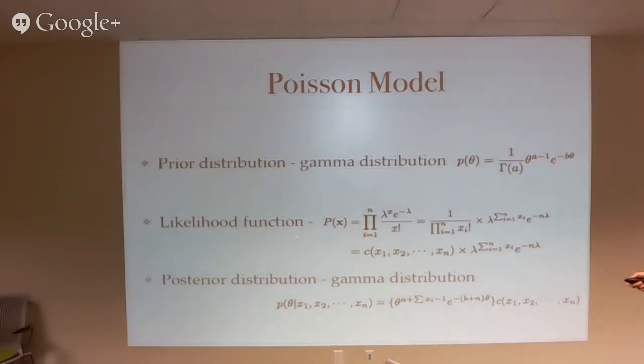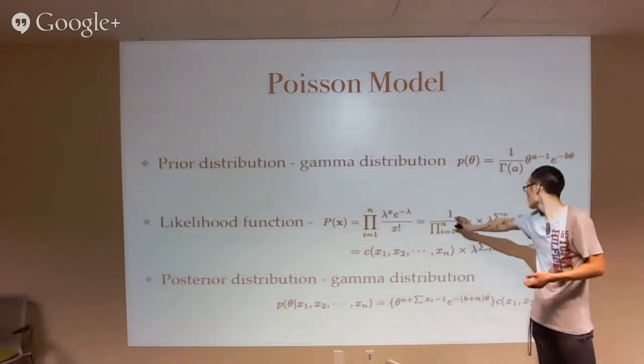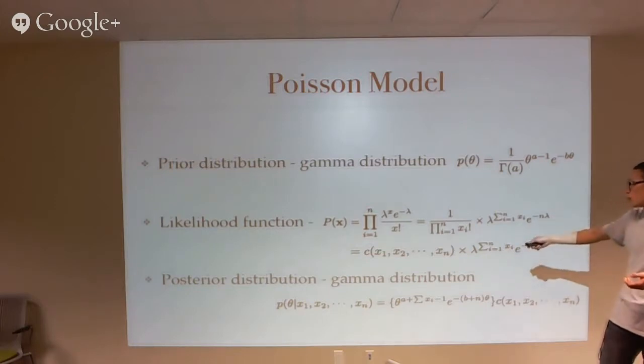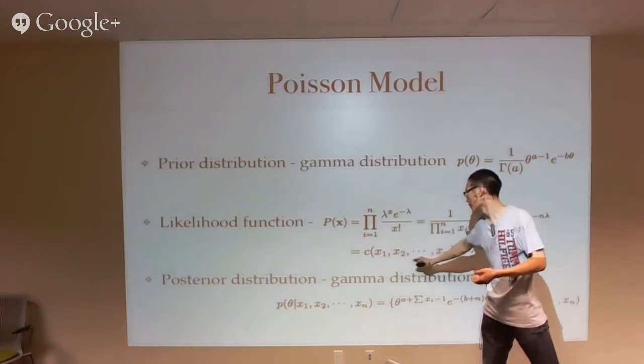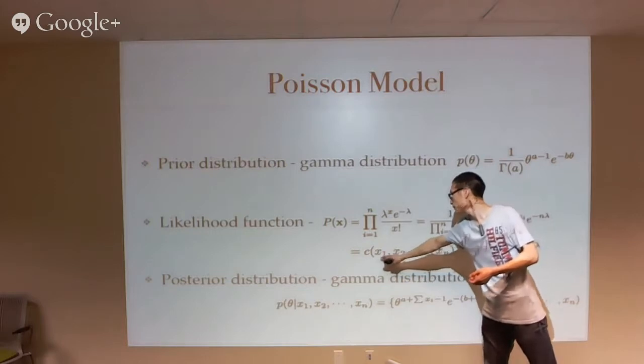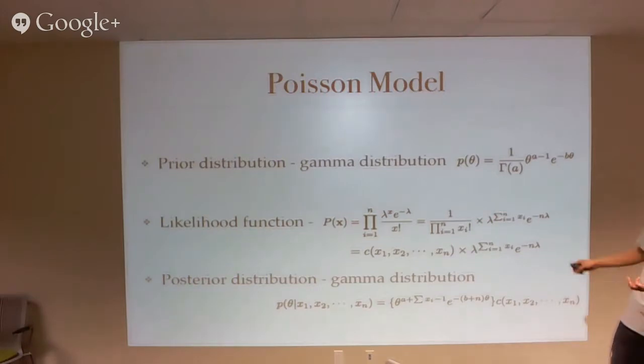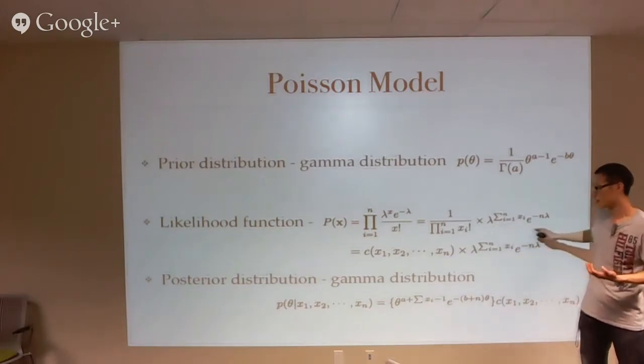And the likelihood function is the multiplication of the single Poisson distributions. Because this part doesn't depend on lambda and only depends on the data, we just write the function c of x1 to xn, times the other part here, right?